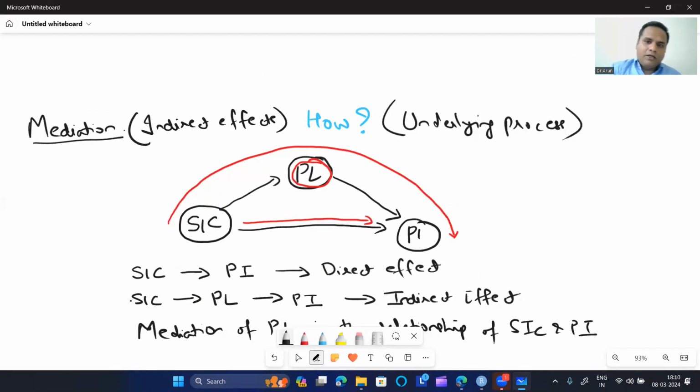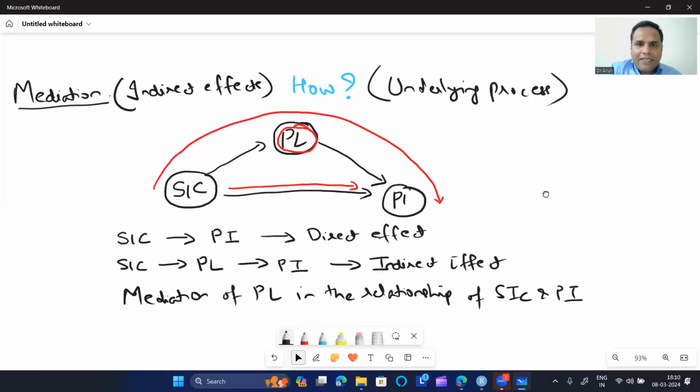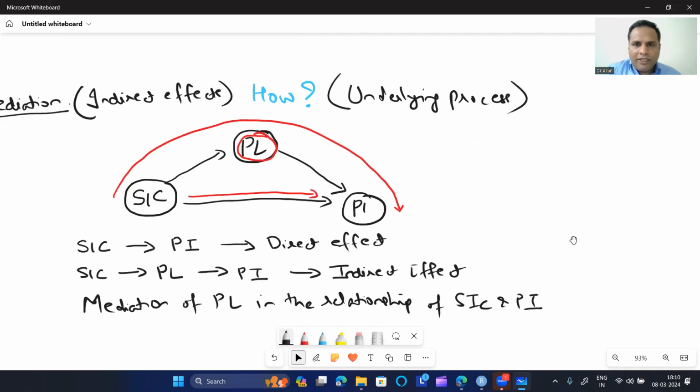Whenever you bring a new construct in between two constructs, you are actually contributing to the theory. Now we are going to take this example, but let me give you another very good example.